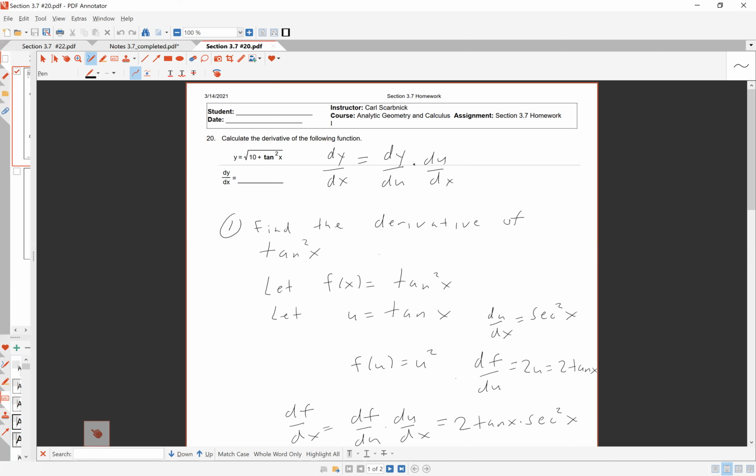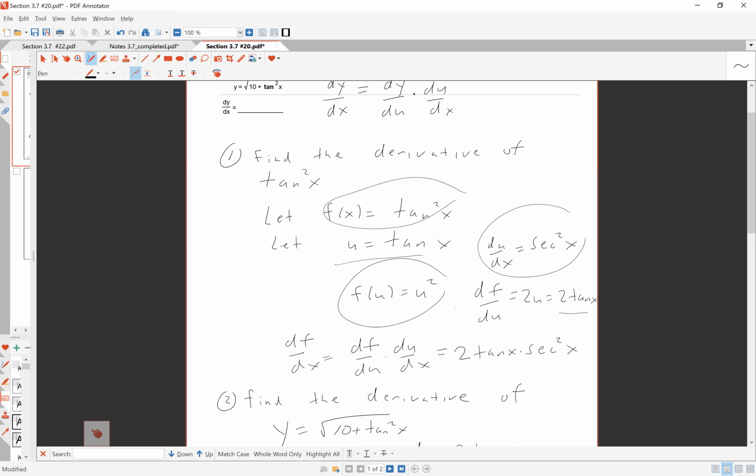So f of x is tangent squared x, u is tangent x, du dx is secant squared x, f of u is u squared. The derivative of f with respect to u is 2u, or let's just go back to x, it's 2 tangent x. So the derivative of tangent squared x is df du times du dx, so it's 2 tangent x times secant squared x.